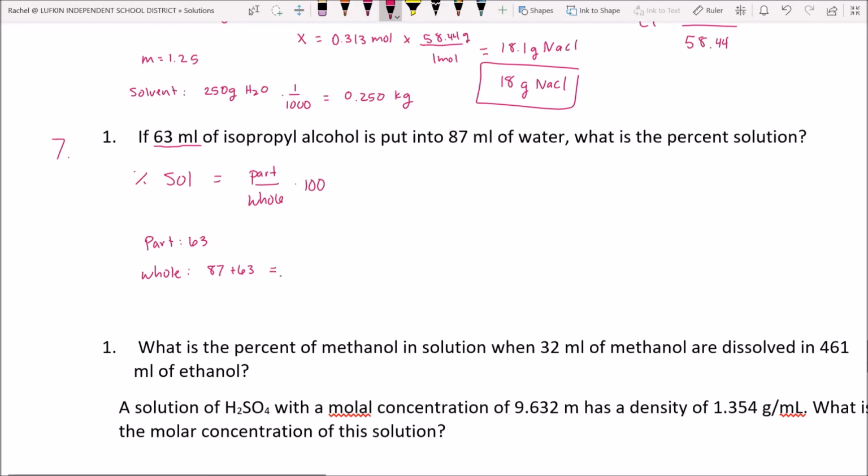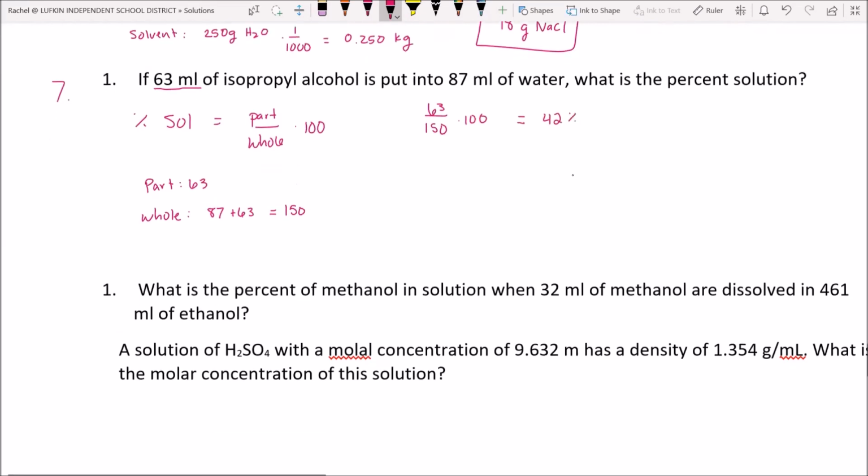So we need to add those two together first. Would that be 150? 140? 87 plus 63. 150, okay. So we're gonna do 63 over 150 times 100%. So what do y'all get when you do that? 42%, and we keep 2 digits, that's perfect.